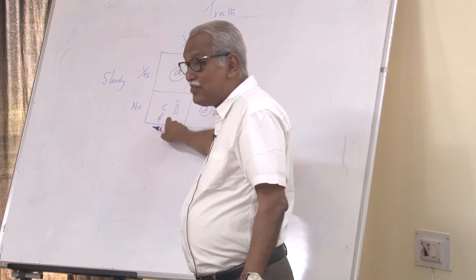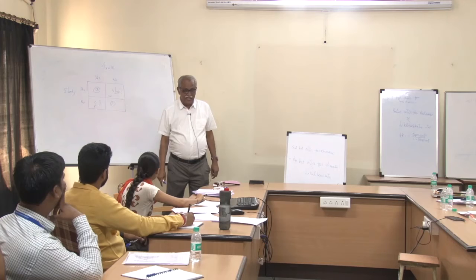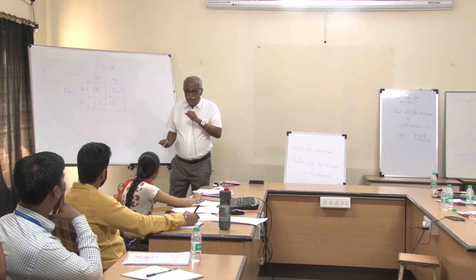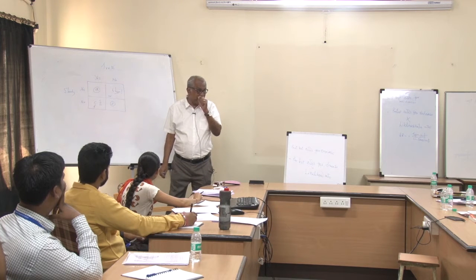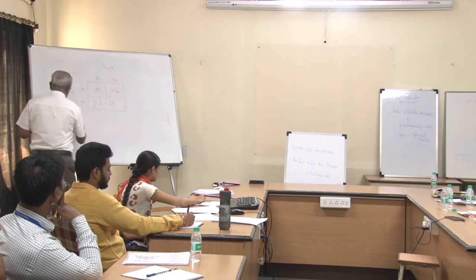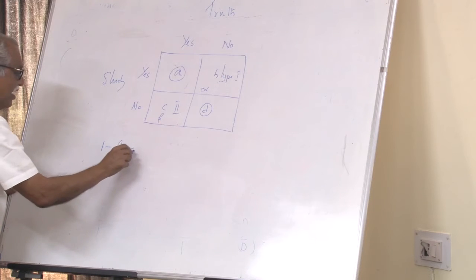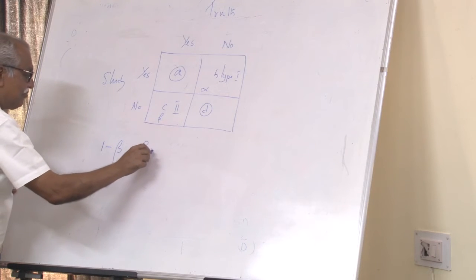And this one is true negative, false negative. So here we don't use that word sensitivity and all. We call 1 minus beta as power of the study.